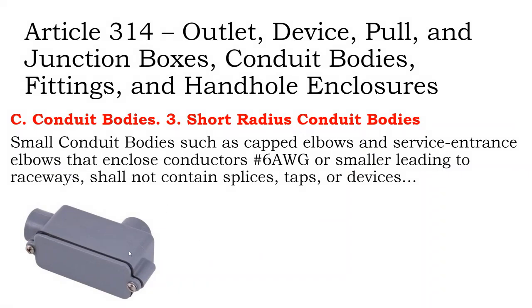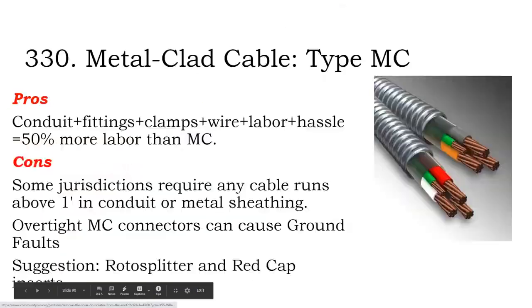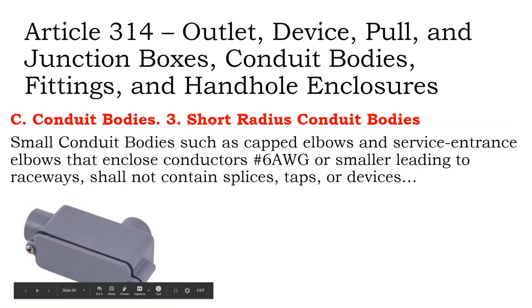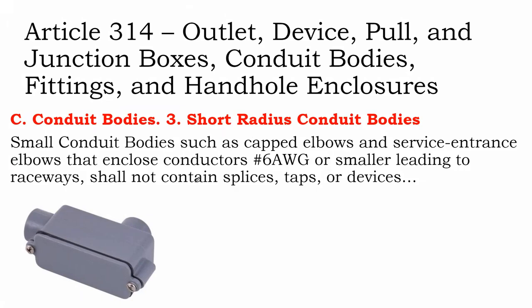But what this rule is saying is, hey, if you have an LB, a small conduit body just for pulling cables through and giving you an access point for your cable pull, that's too small. LBs that enclose conductors number 6 or smaller shall not contain splices, taps, or devices.